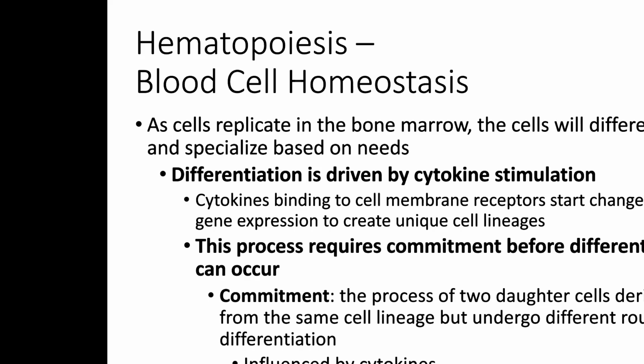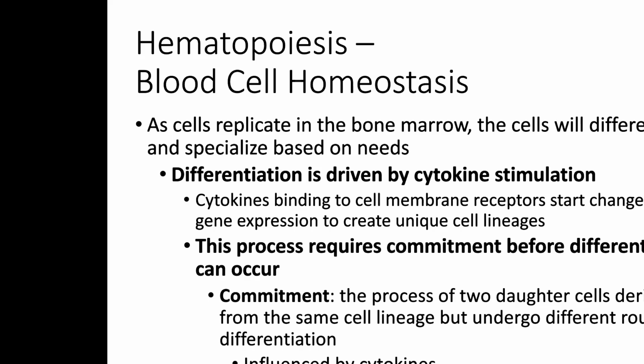So, as your cells are replicating in the bone marrow, they have to differentiate and specialize. Well, how do they do that? That is done via cytokine stimulation. What cytokines will do is bind to the cell membrane, and once those receptors are bound, that's going to cause gene expression, which will then create a unique cell lineage.